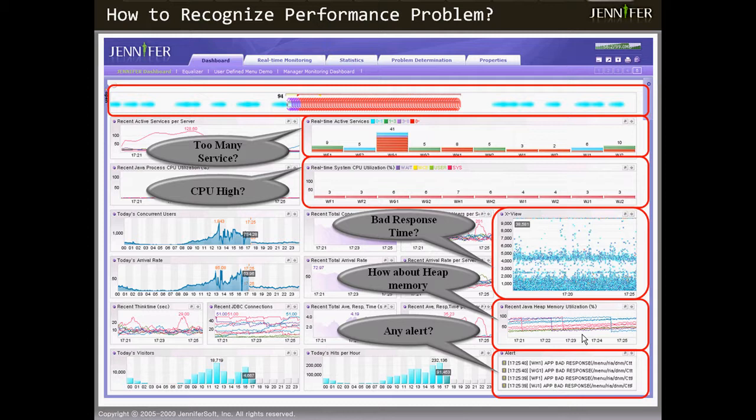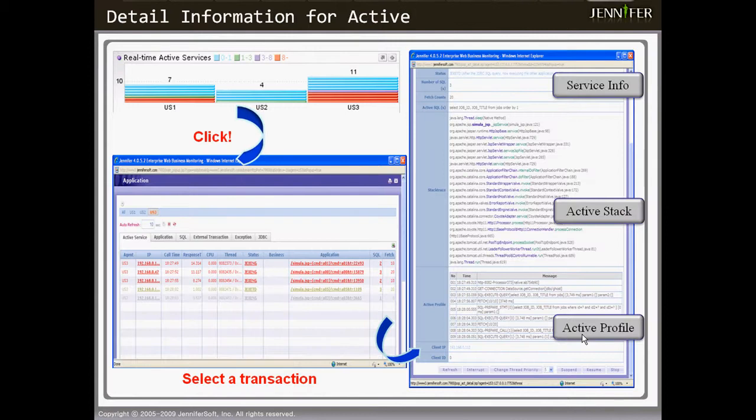Jennifer allows system admin to identify, analyze, and resolve performance problem in record time, making it the best solution for production environment. One of the most important advantages that Jennifer possesses over competing solutions is that Jennifer can provide summary and profiling data for services that are currently running.